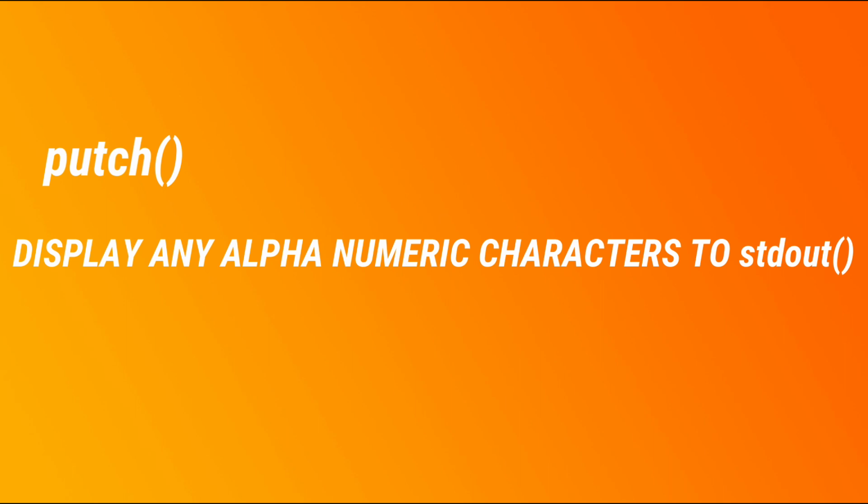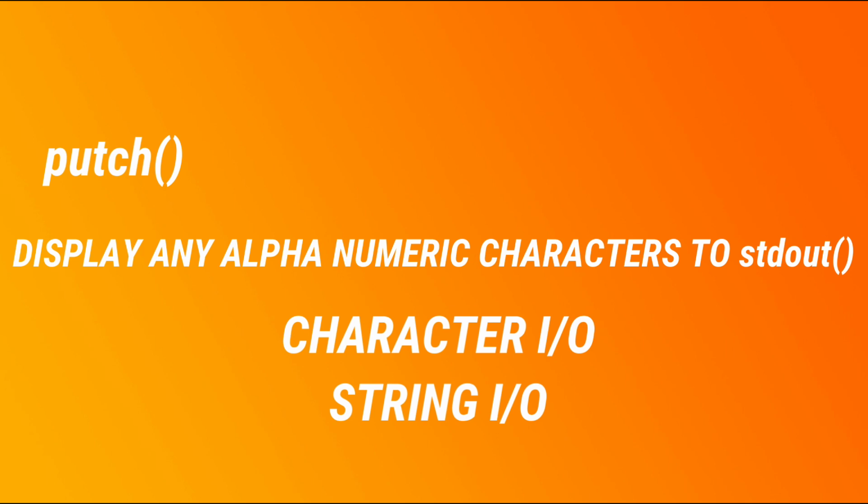One more thing: unformatted IO functions also have two types, character input output and string input output. So this is your character input output. Let's see string input output.